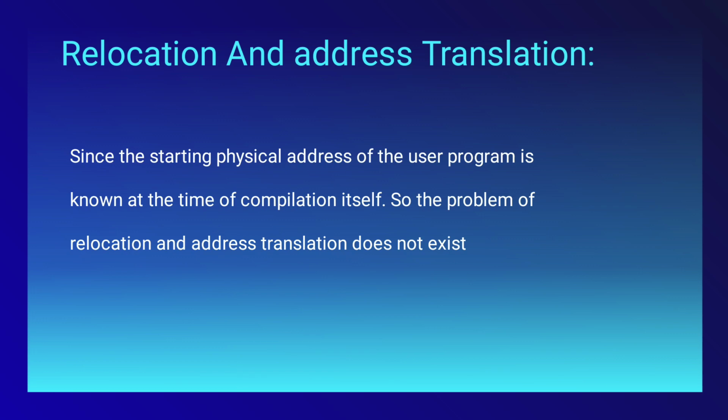If it is greater than the fence register, it is part of the user part. So the problem of relocation and address translation does not exist, because during compilation time itself we know the starting address in main memory, so it is easy to store the program. So there is no need for relocation and address translation.